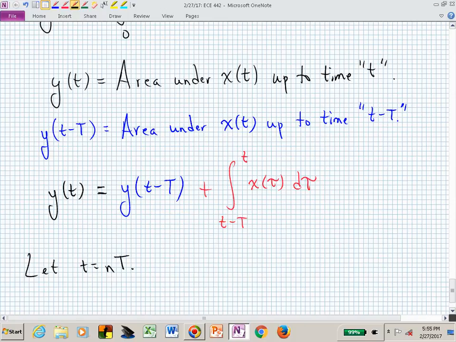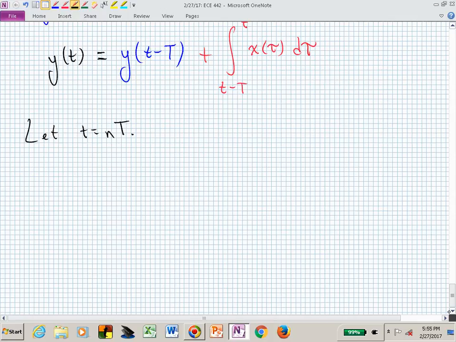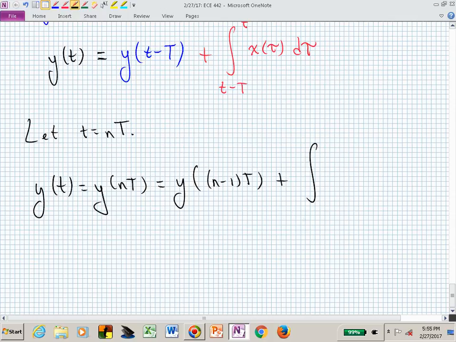And if we do that, now we have y of nT equal to y of (n minus 1)T plus this integral from nT minus T to nT of x of tau d tau. And this is the piece that makes the difference between all of these different techniques.